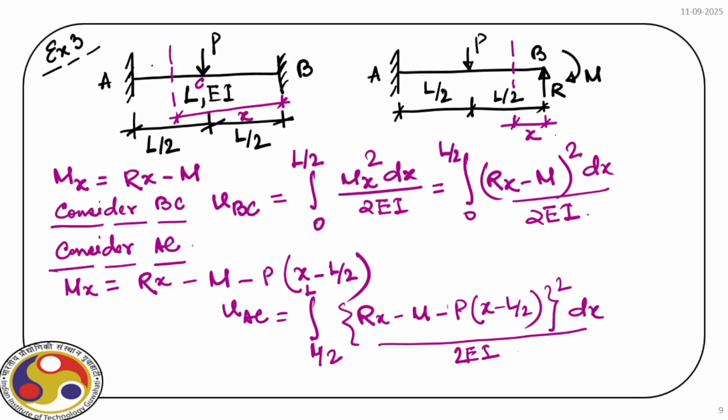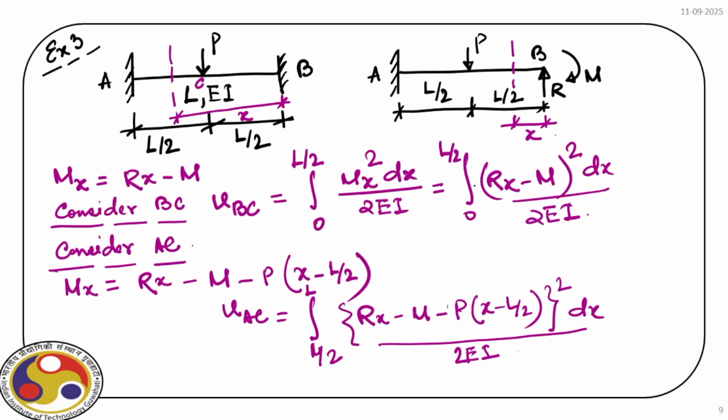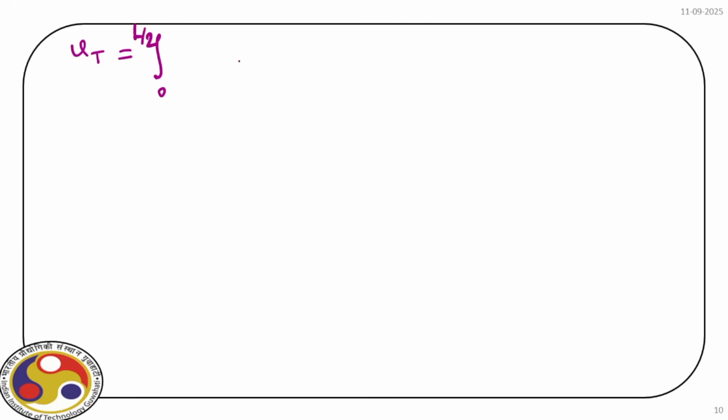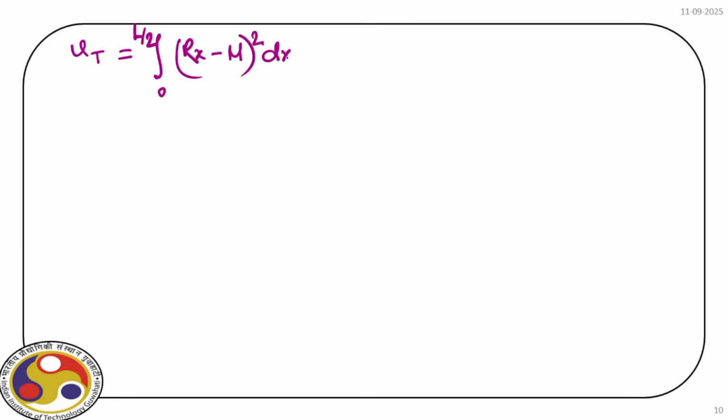So first one we have 0 to L by 2, Rx minus M whole square dx by twice EI. Okay. So we have Rx minus M whole square dx divided by twice EI.